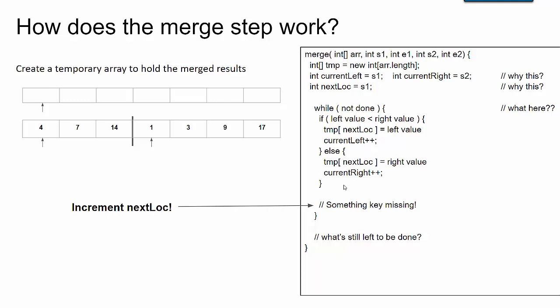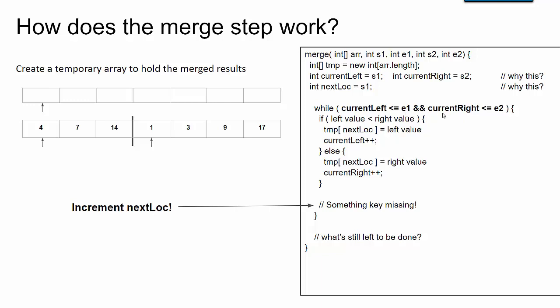So inside this while loop, it only makes sense to keep going as long as there's still unassigned numbers from the left half and the right half. So we want to keep looping as long as the current left hasn't exceeded the end of the left list. As long as it's still less than or equal to the ending index in the left list, we keep going.